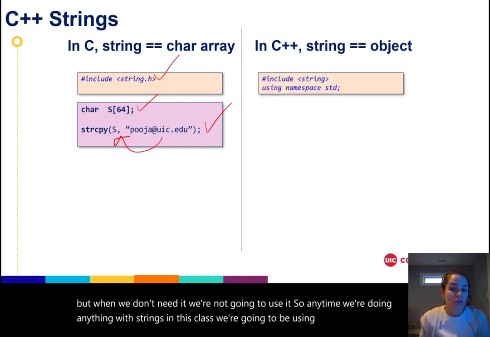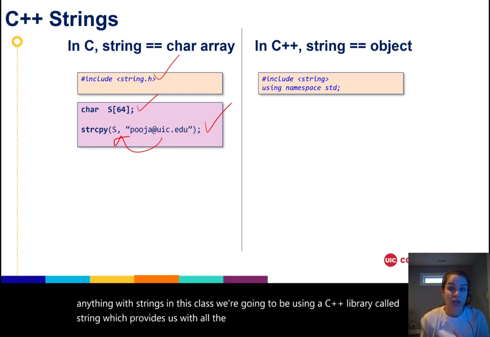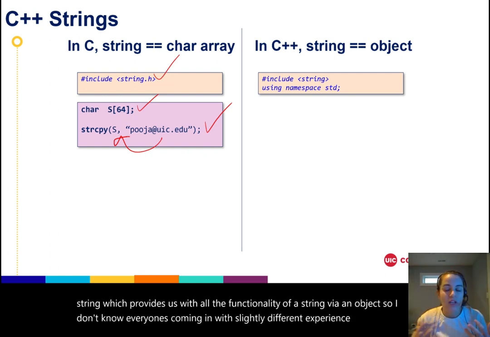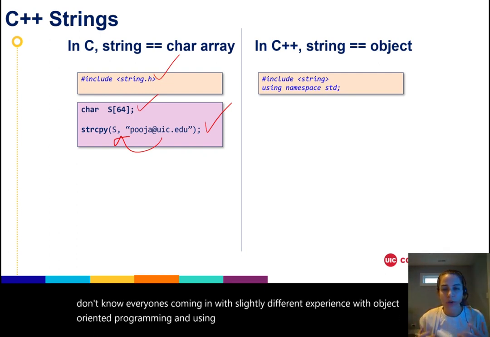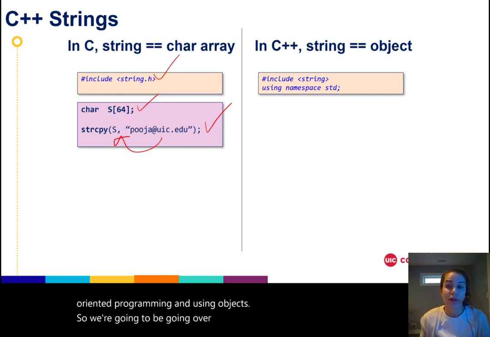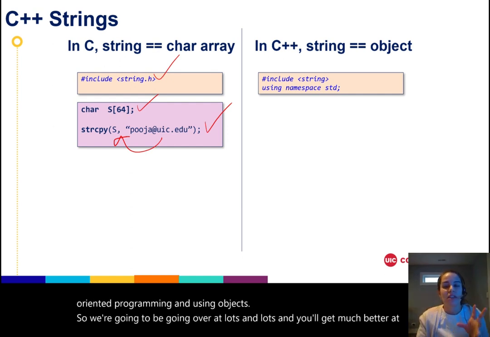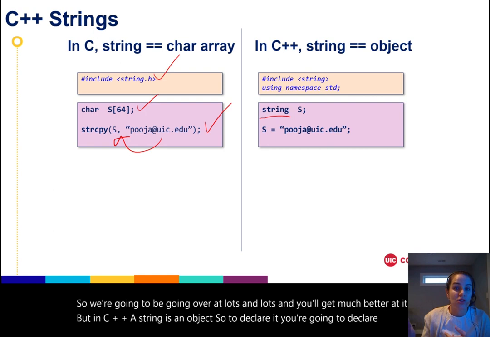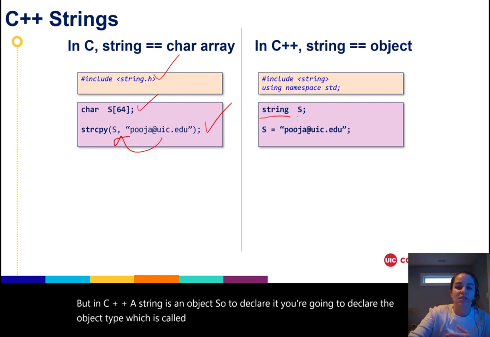So anytime we're doing anything with strings in this class, we're going to be using a C++ library called string, which provides us with all the functionality of a string via an object. Everyone's coming in with slightly different experience with object-oriented programming and using objects. So we're going to be going over it lots and lots, and you'll get much better at it. But in C++, a string is an object. So to declare it, you're going to declare the object type, which is called string in C++, and then give it a variable name.